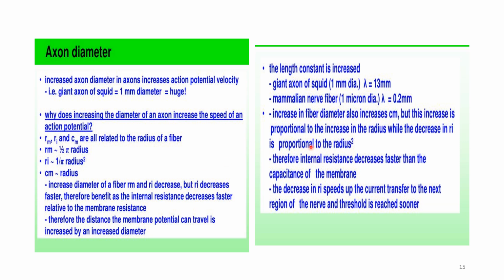So if you increase the axon diameter, capacitance increases, but Rm decreases, Ra decreases, and Ra is decreased very much. If Ra is further decreased, what is happening? There is no resistance inside to travel the signal. So the signal will travel faster.